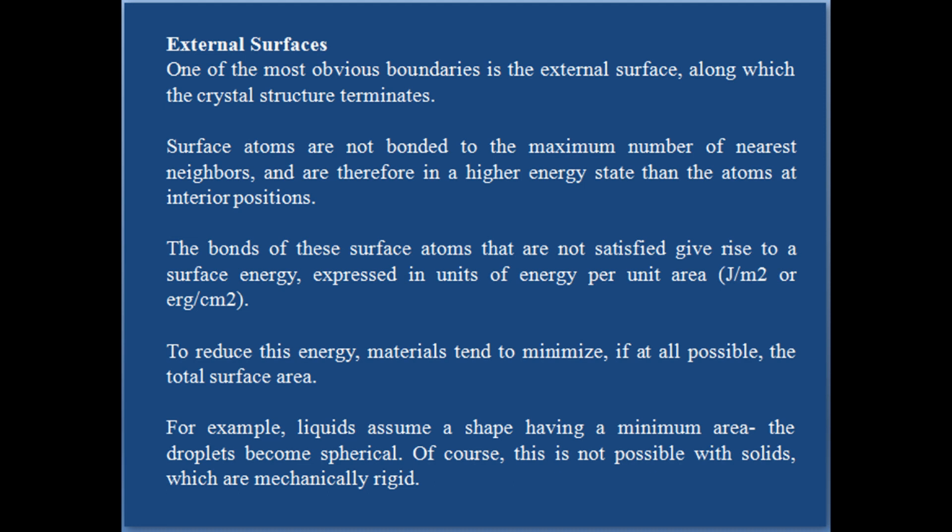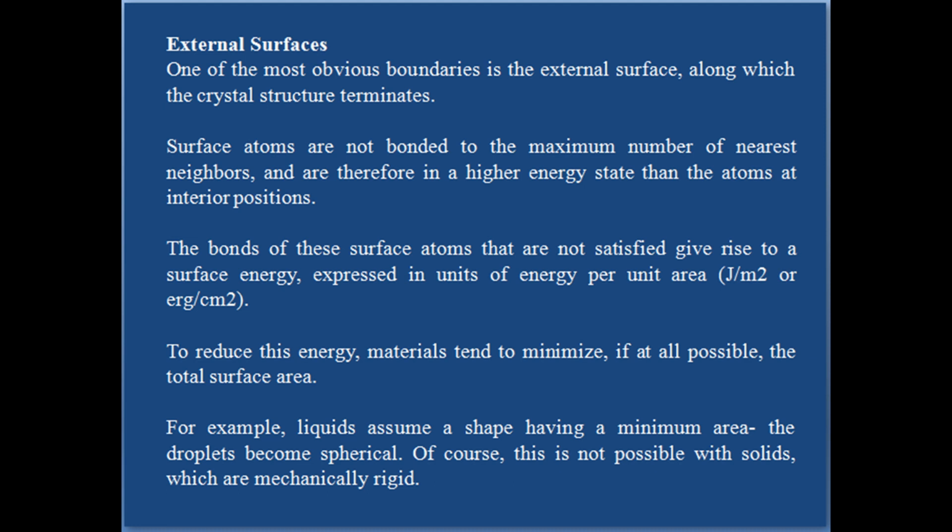Once again, we will explain the concept of external surfaces. One of the most obvious boundaries is the external surface, along which the crystal structure terminates. Surface atoms are not bonded to the maximum number of nearest neighbors and are therefore in a higher energy state than the atoms at interior positions.